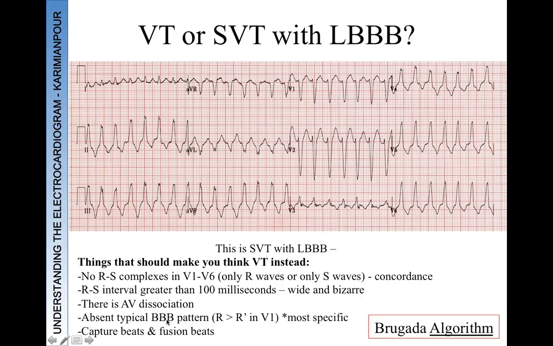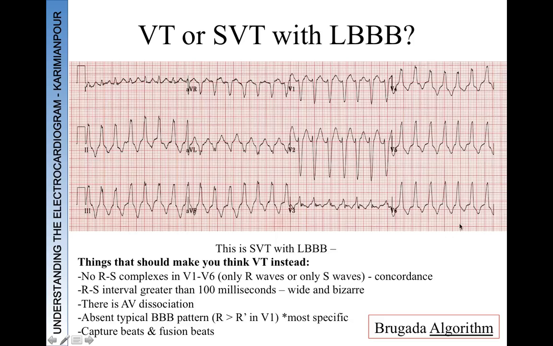If there is an absent typical bundle branch block pattern in V1, that should make you think that this is ventricular tachycardia. So in this example here, we see a widened deep S wave in V1 and V2.